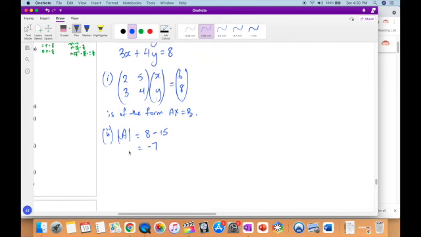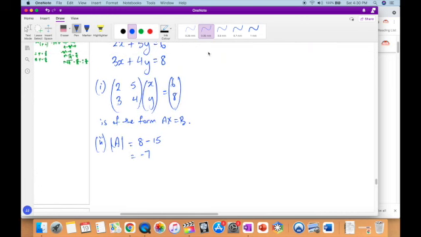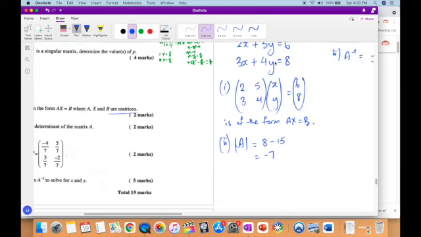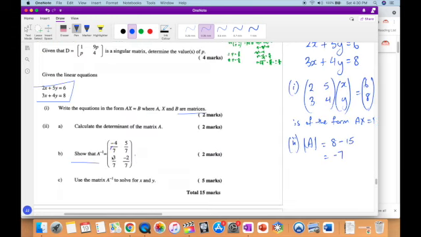Well, we can see here, part 3, A inverse is equal to 1 over the determinant, negative 7, times the adjoint of A, which is [4, negative 2; negative 3, 5]. And of course, you can see where everything is over 7. Right? So you can see how that happens there.